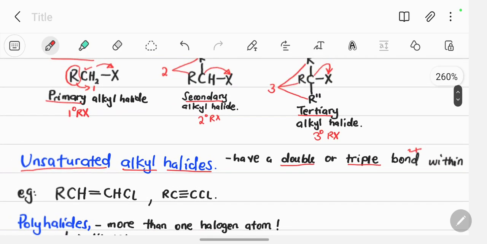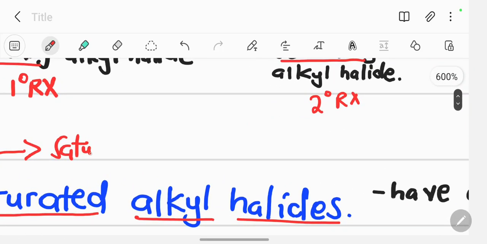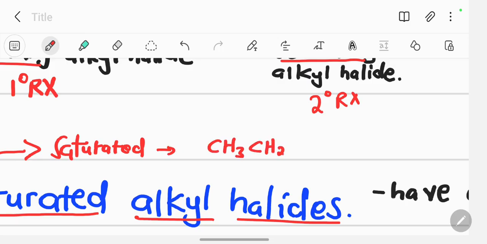For those ones that are saturated, we shall have an example like CH3CH2Br.